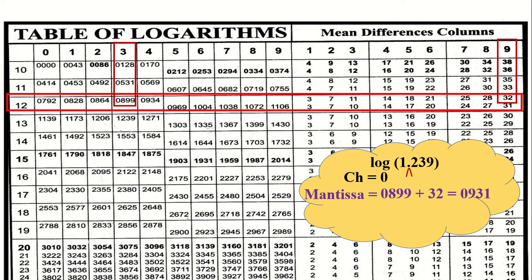So log of 1.239 becomes 0.0931. This 0 is the characteristic and the rest is the mantissa.